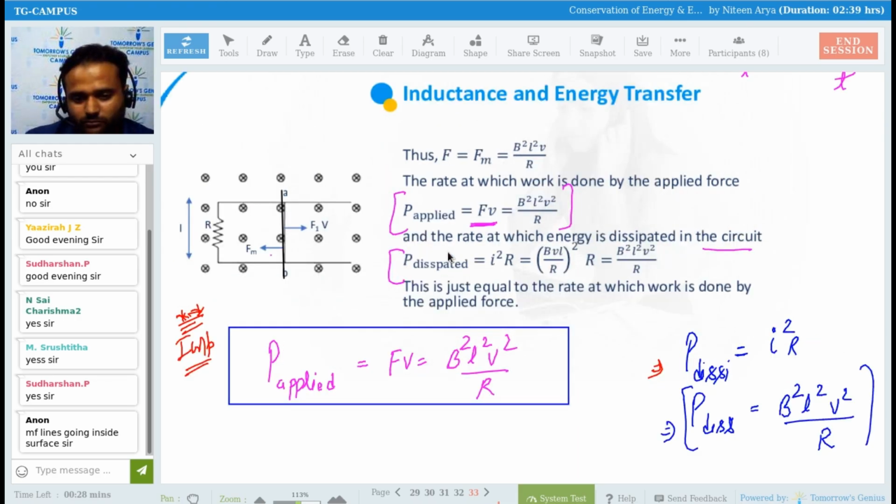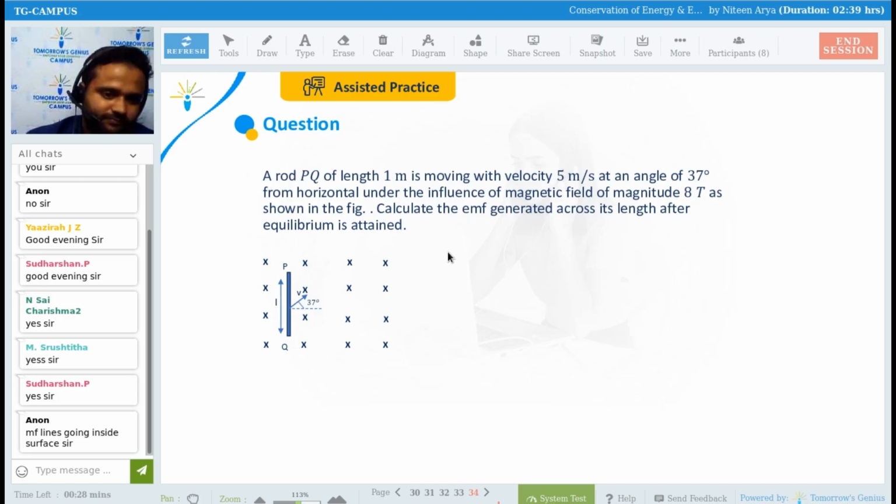Okay. Do this question, and do it a little bit quickly because it's already 9:20. After this, we have energy consideration, that is quantitative.